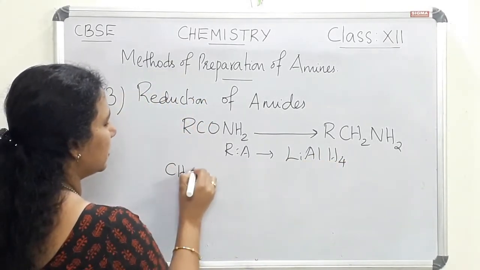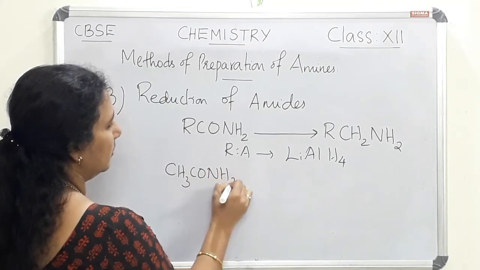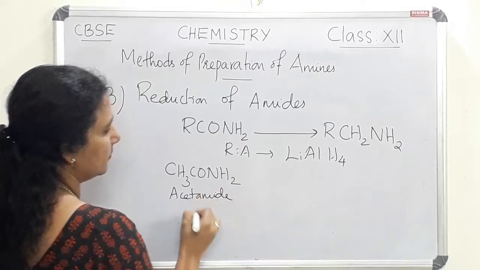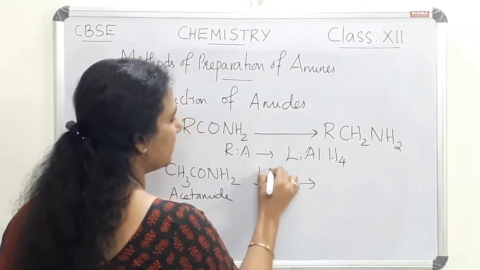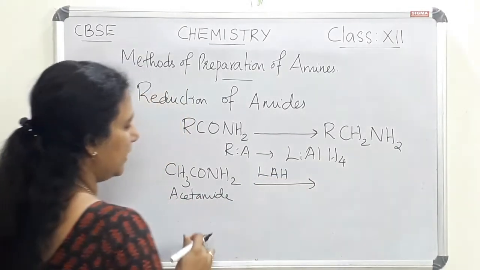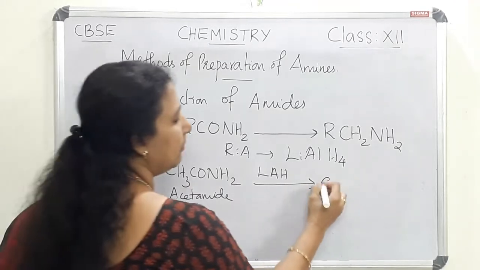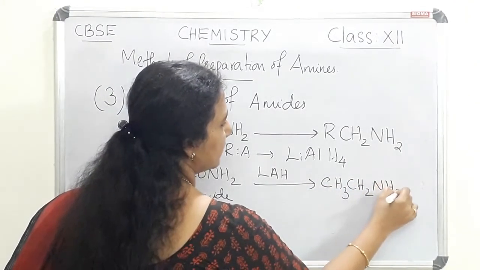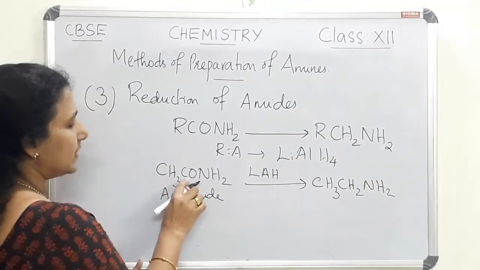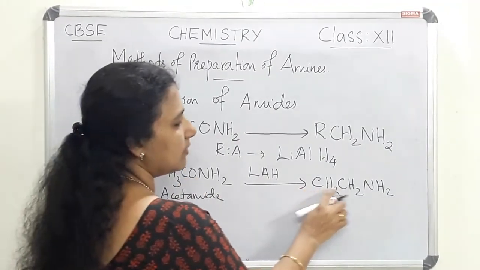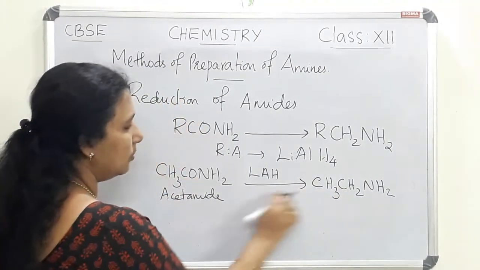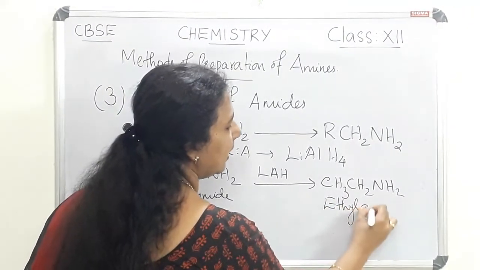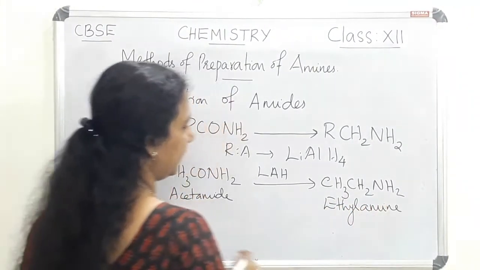If it is CH3CONH2, this is called acetamide. If it is reduced in presence of lithium aluminum hydride, the corresponding amine is formed, CH3CH2NH2. So in this case we can see 2 carbon atoms, and in the product also we can see 2 carbon atoms. So the corresponding amine is formed, and this amine is known as ethylamine.